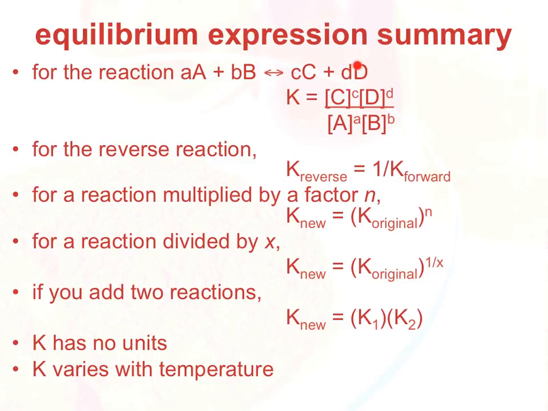So we know how to write our equilibrium expressions. We know that we're solving for our equilibrium constant. And these are the equations that allow us to easily interchange between equations.